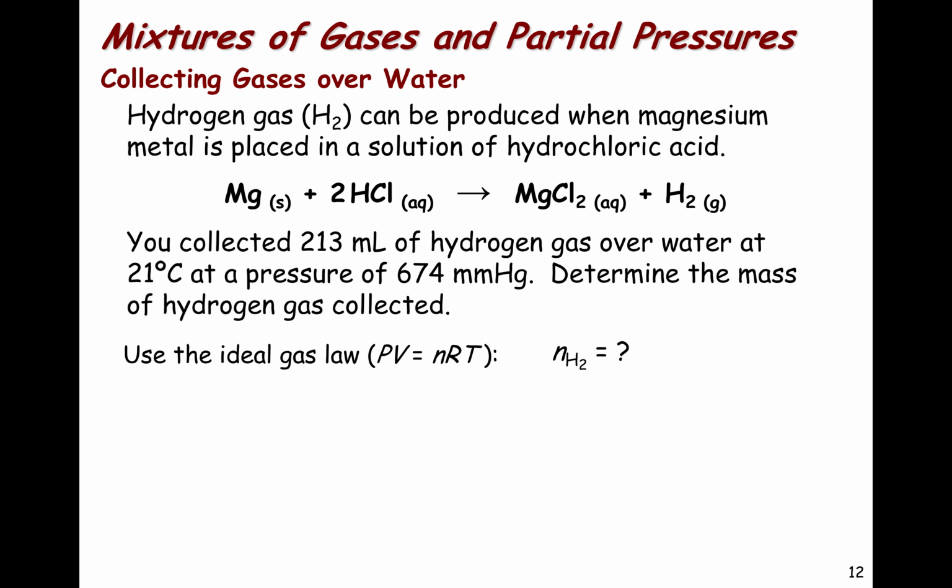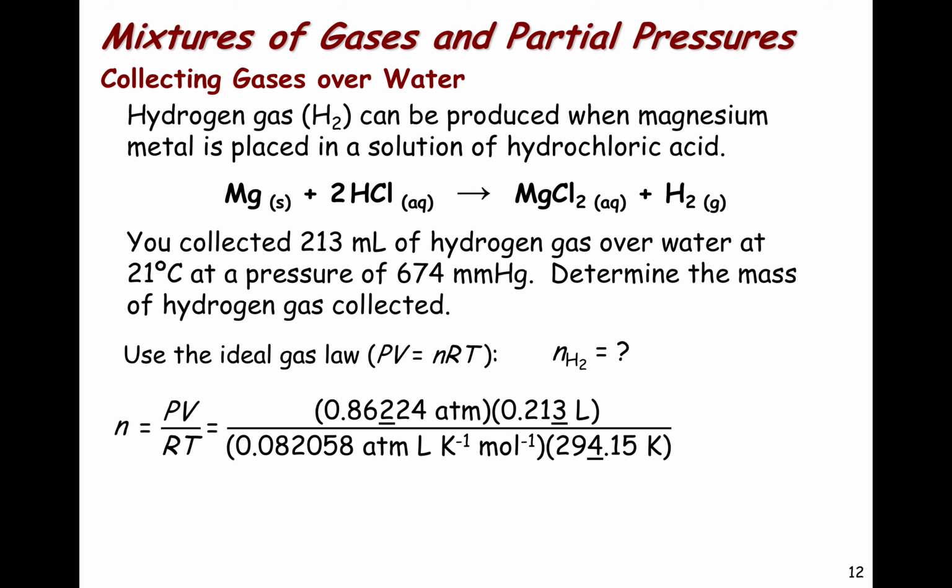At this point, then, we can go ahead and plug our numbers into the ideal gas law, which we rearrange for n, and plugging in all the appropriate numbers along with the units so that the appropriate units are going to cancel, we're going to end up with moles. All of those values go into your calculator, and you end up with 0.007608, but only 3 significant digits.